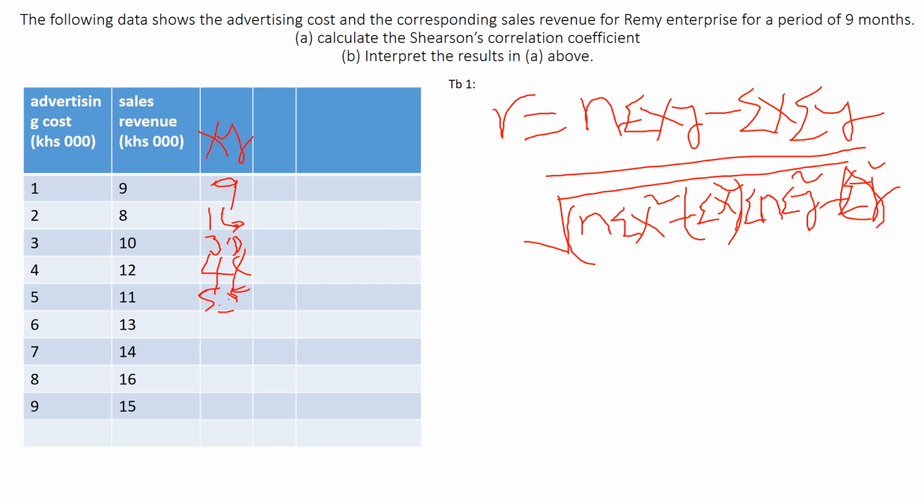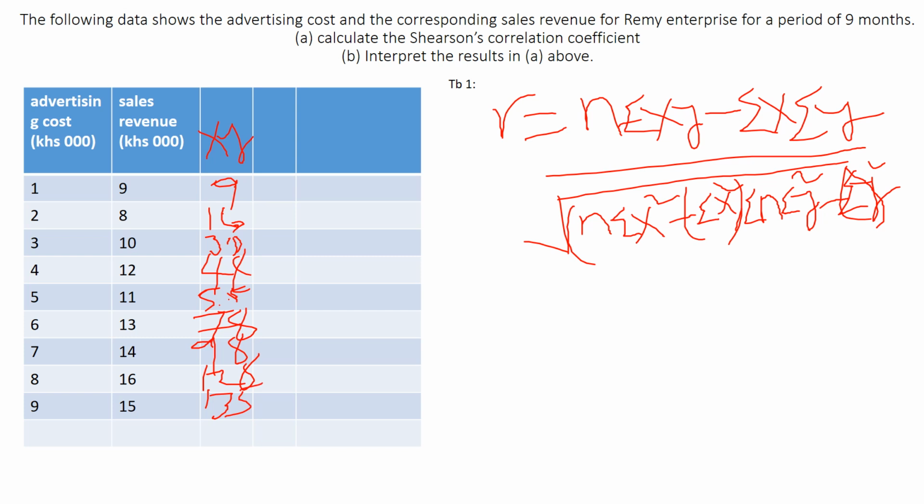And then we have 6 and 13, which should give us 78. And then 7 and 14, which should give us 98. And then 8 and 16, which should give us 128.